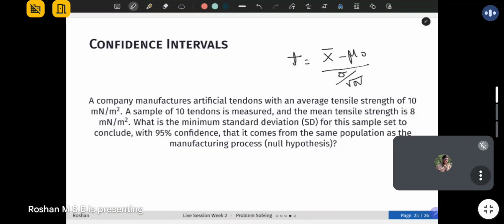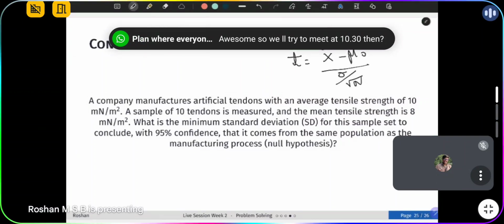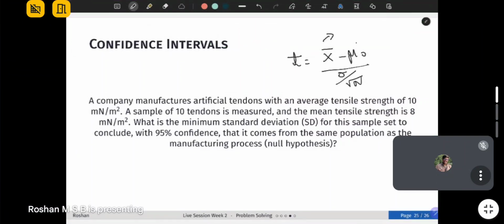It's given 95% confidence. You have the sample mean, mu naught is given, n is given, T you can calculate from the table. You need to calculate sigma.